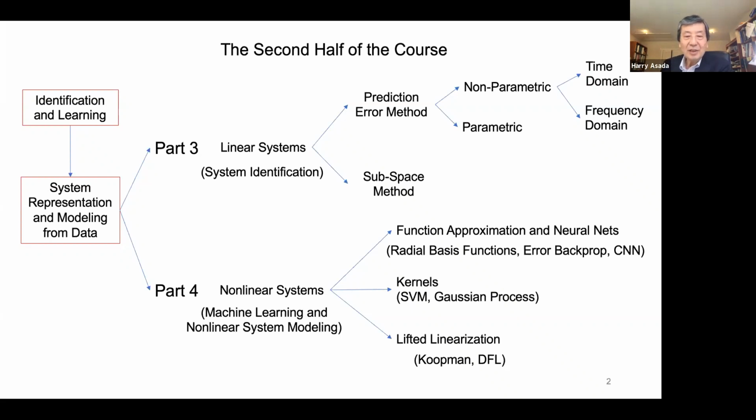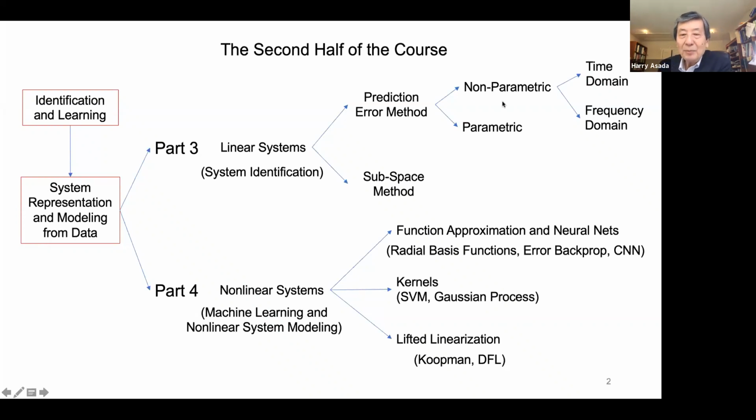That is the target where we apply the subspace method. And the prediction error method is basically the prediction error formalism, and we apply this mostly to transfer functions and impulse response in the time domain.